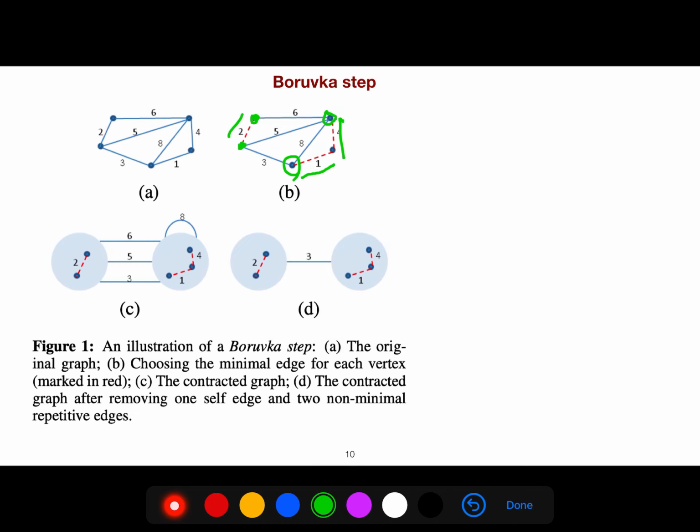And after that, we get the contracted graph. We contract these edges that we have selected and put them into one supernode. And again, this is one supernode. And you see, now there are 6 and 5 and 3 going from one supernode to another supernode. So we do it again and say 3, 5, 6, which one is minimum? 3. So that's it. We've got the final results.